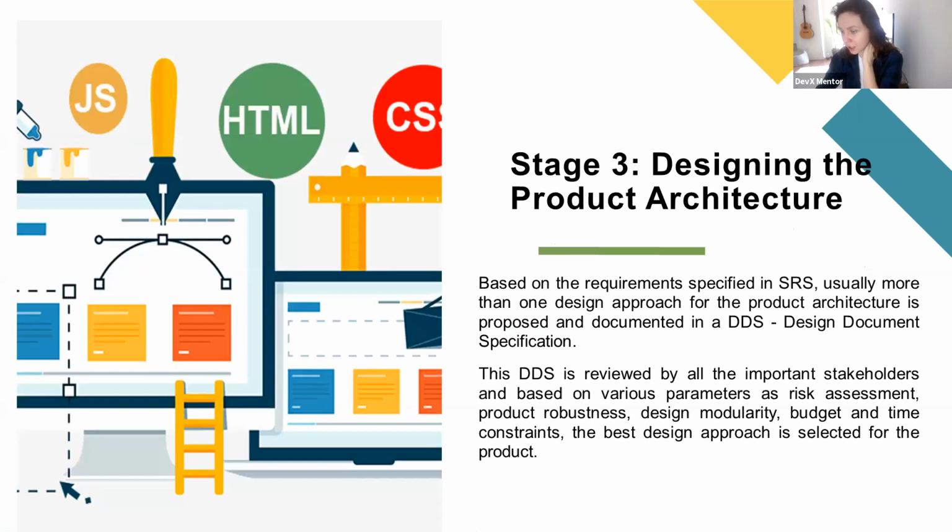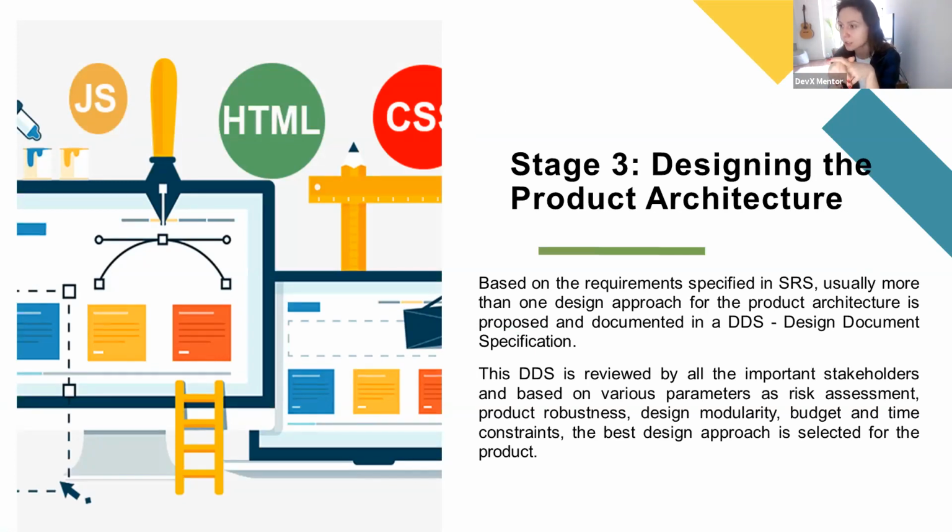The third stage is designing the product architecture. Based on the requirements specified in SRS, usually more than one design approach for the product architecture is proposed and documented in DDS, the Design Document Specification.